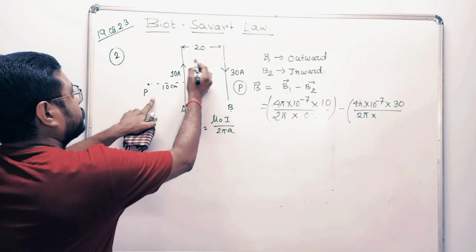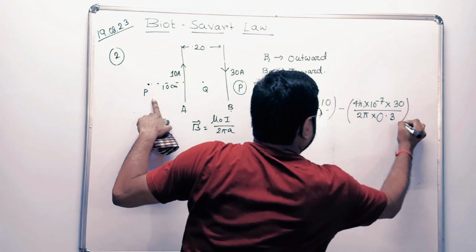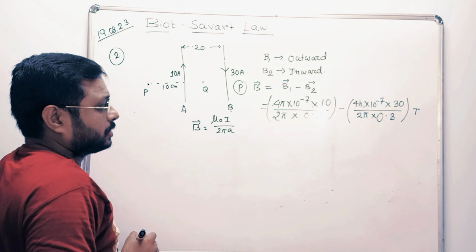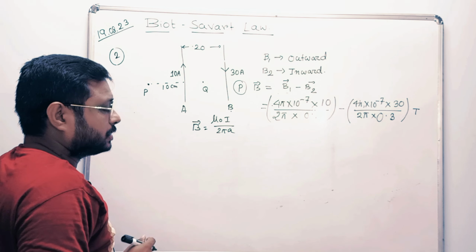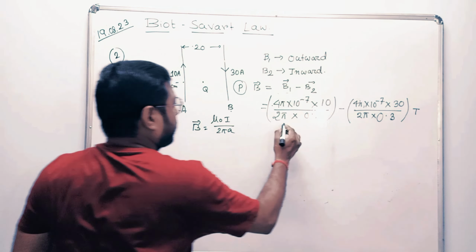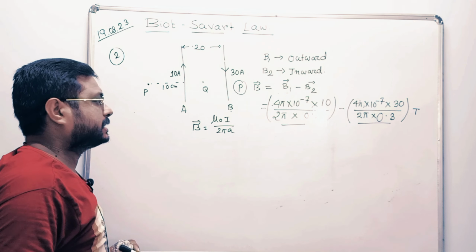The total distance is 20 plus 10, that is 30 cm, or 0.3 meter. So this is the total resultant value, some tesla. Calculate it in your own way and find the result.